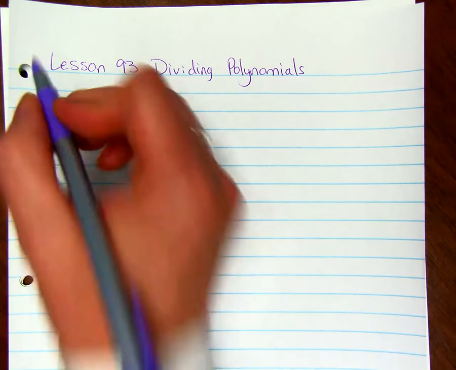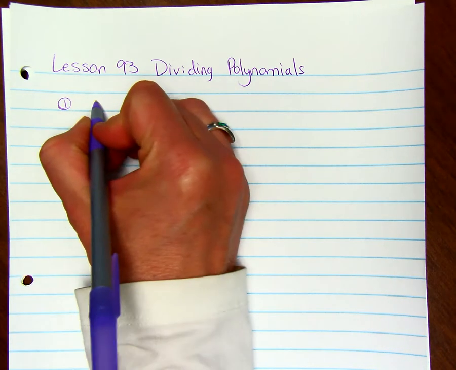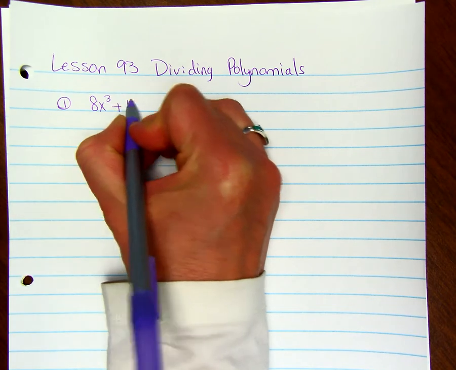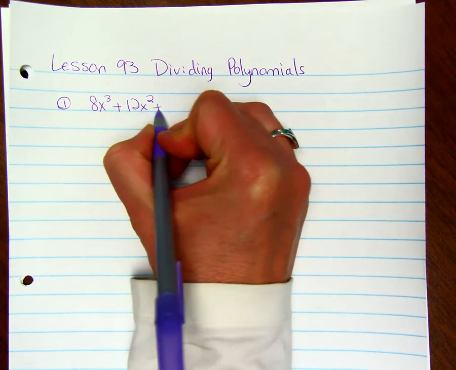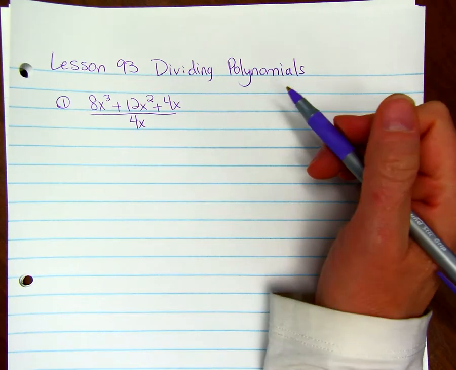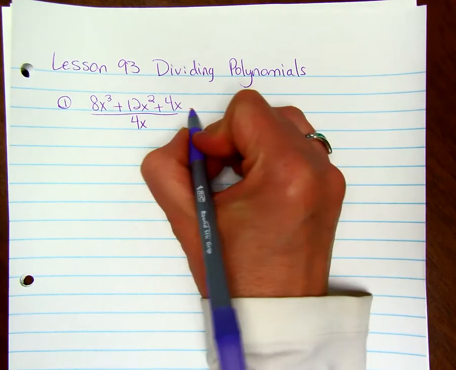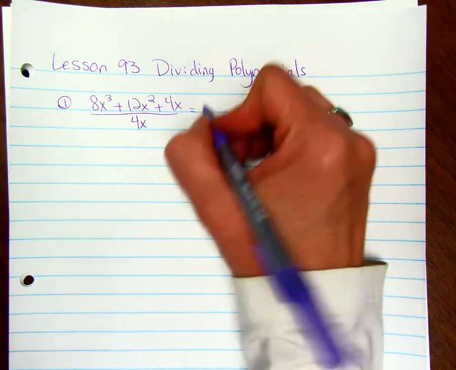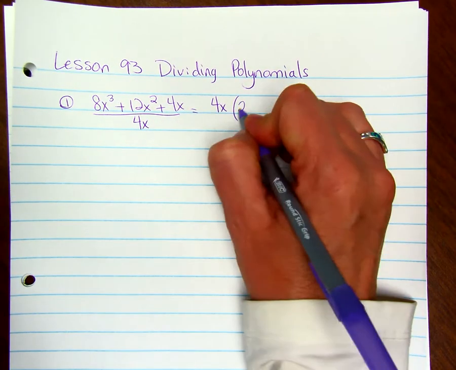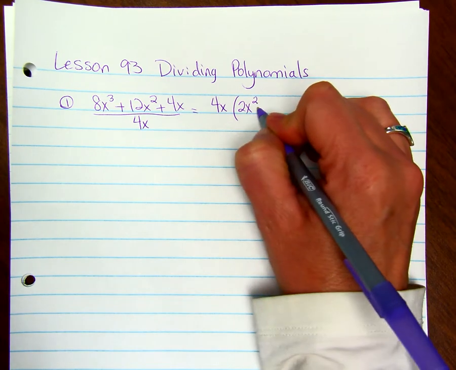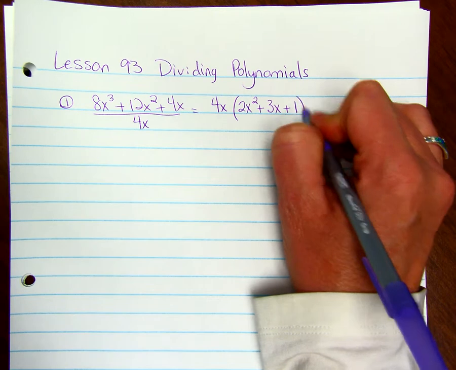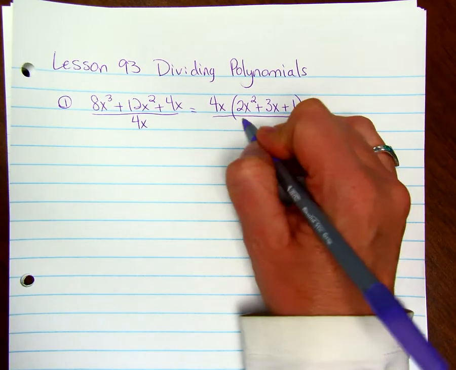First of all, if we have a polynomial 8x cubed plus 12x squared plus 4x divided by 4x, you can factor first. We can see in our numerator, 4x goes into each of these terms, and we're left with 2x squared plus 3x plus 1, divided by 4x.